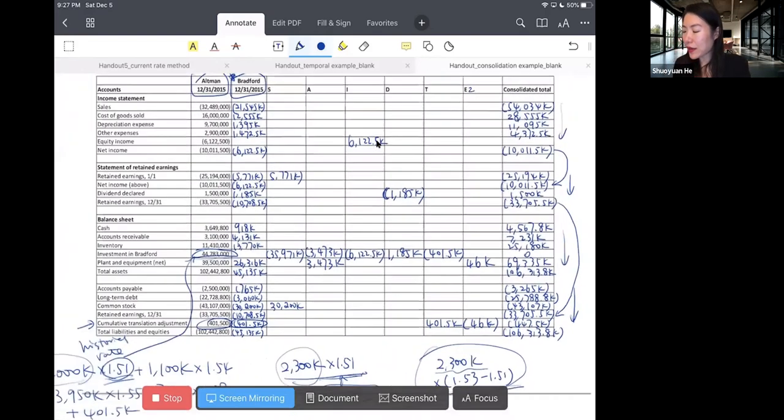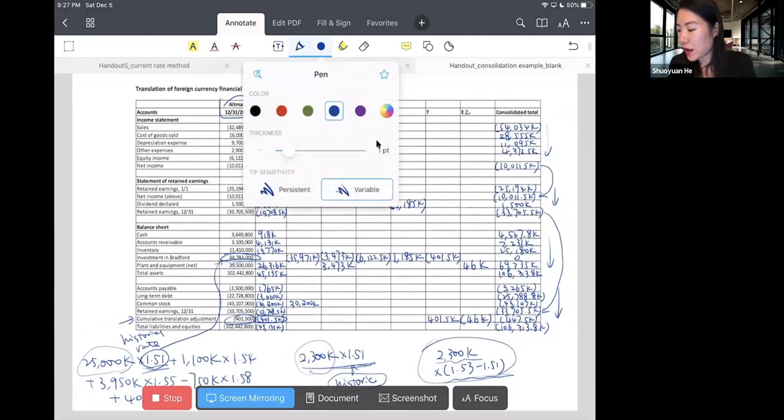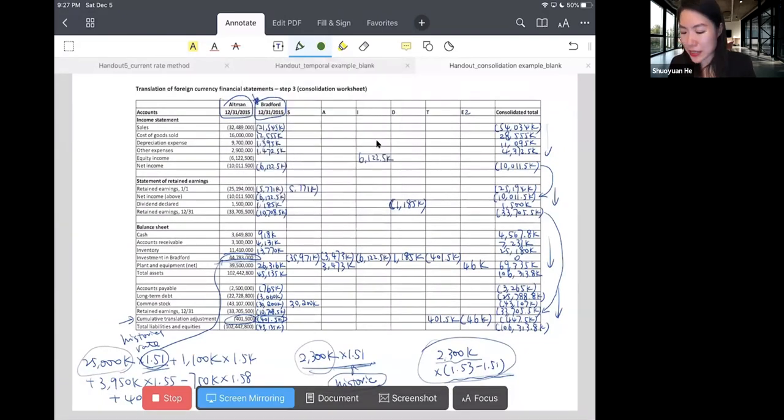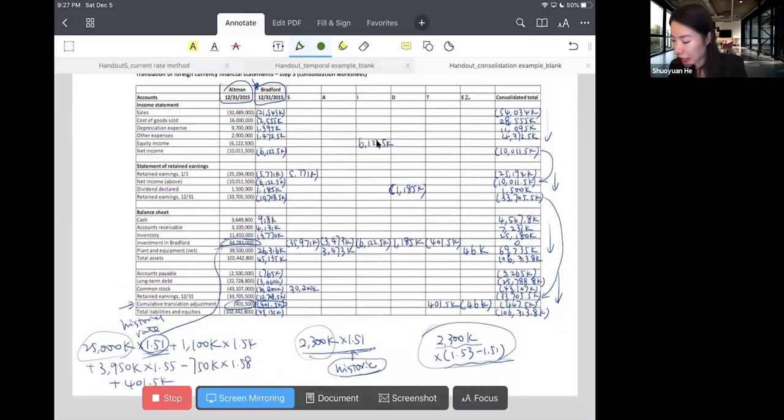So now let me talk about this E2 entry. The reason we have this E2 entry is that the firm is using the current rate method. So on the subsidiary's book, its PP&E is translated using the current rate. However, this amount in the A entry is translated using the historic rate. Why do we need to do this?